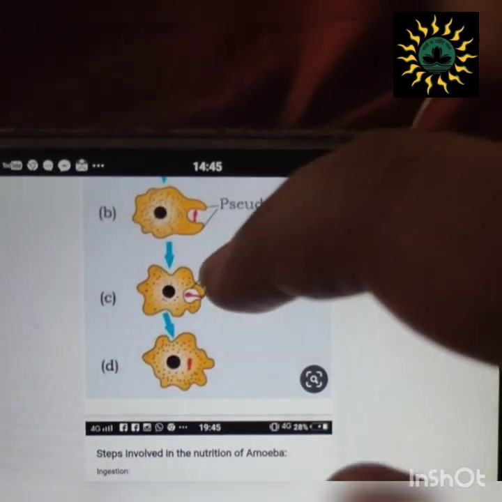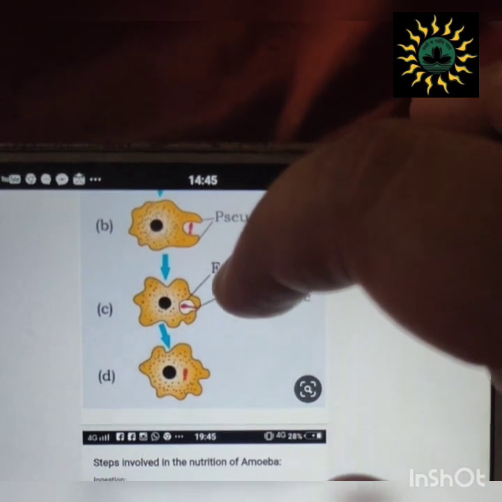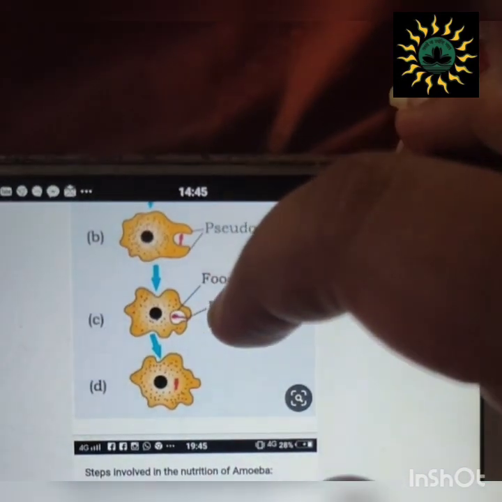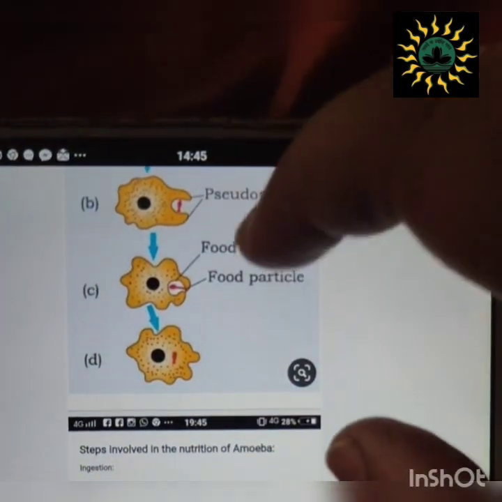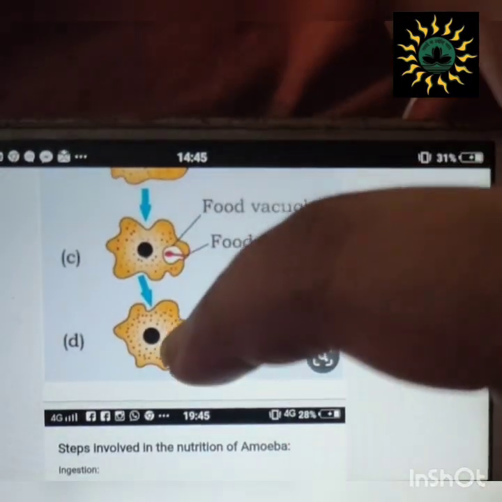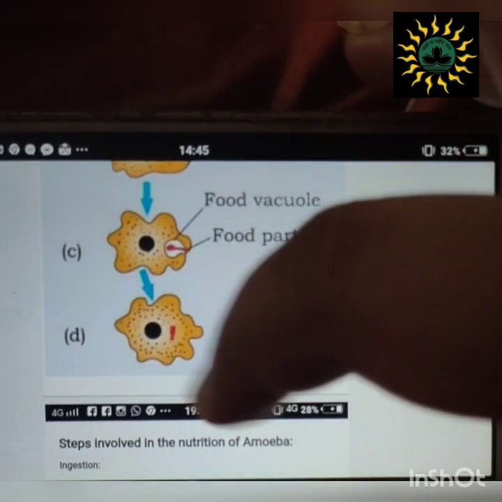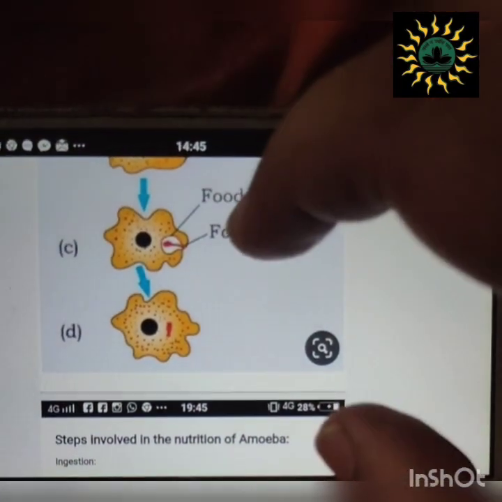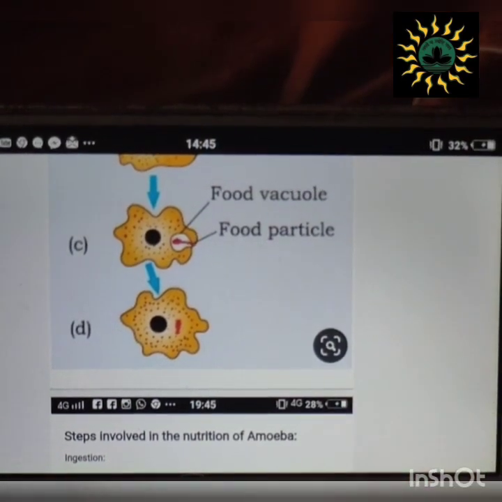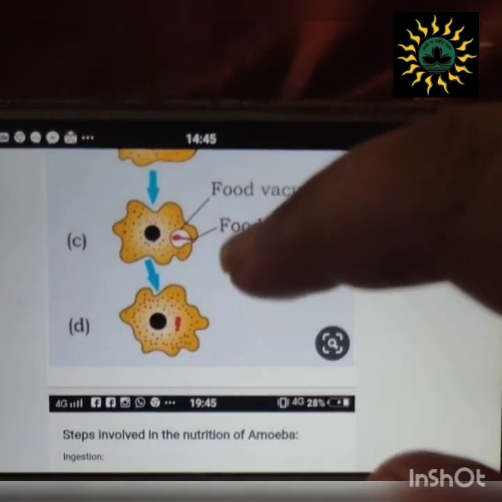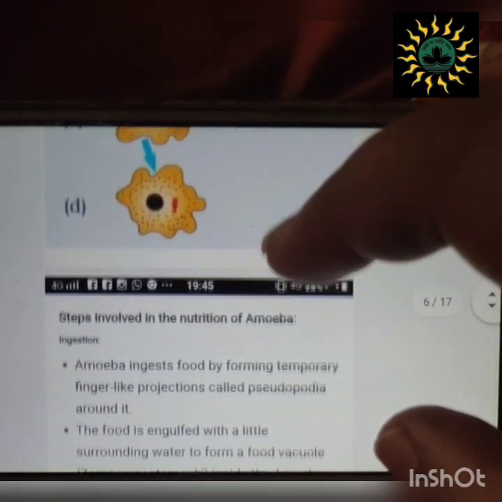The food particle is taken inside, and there is a small vacuole called food vacuole. In the food vacuole, the food particle enters. Once the food particle enters, it is engulfed by the food vacuole, and it is digested by means of certain enzymes that are present in the food vacuole.